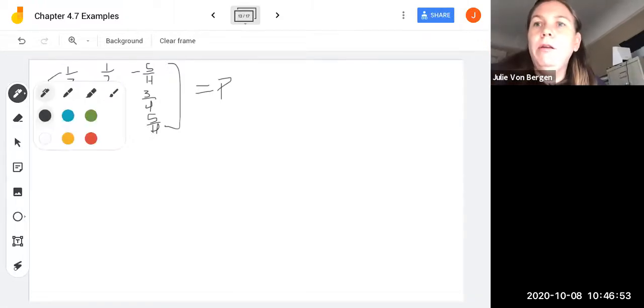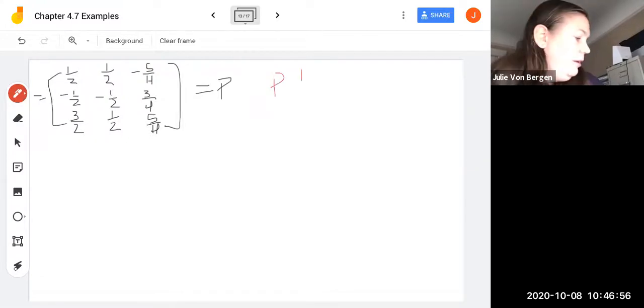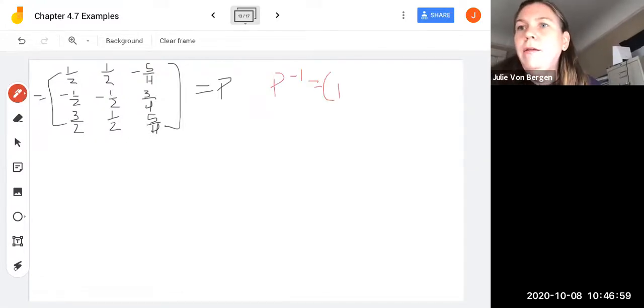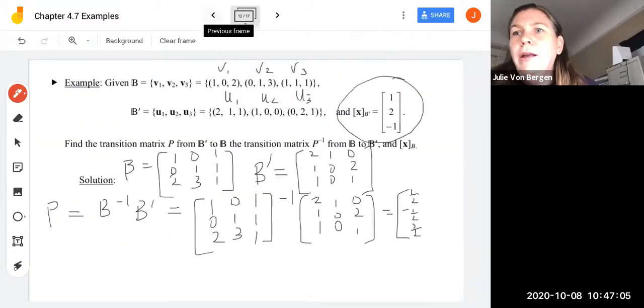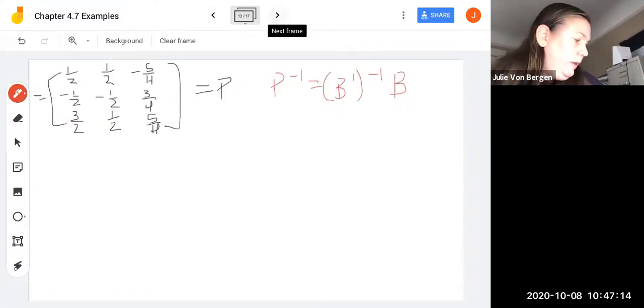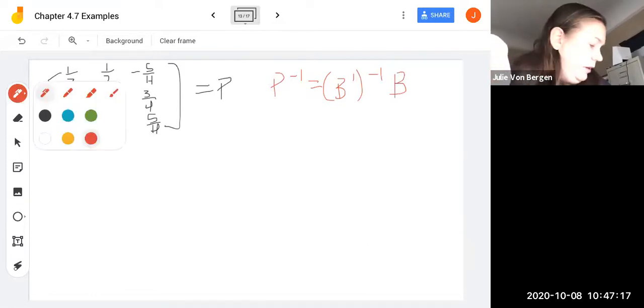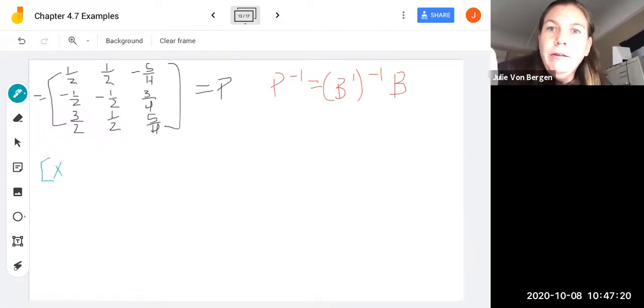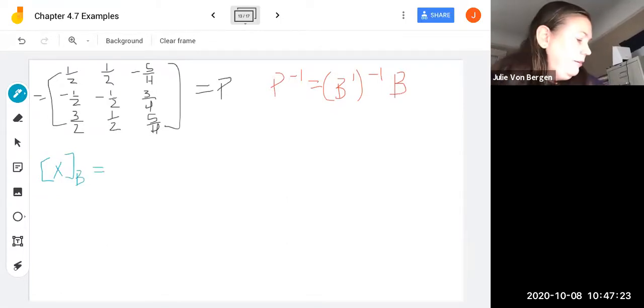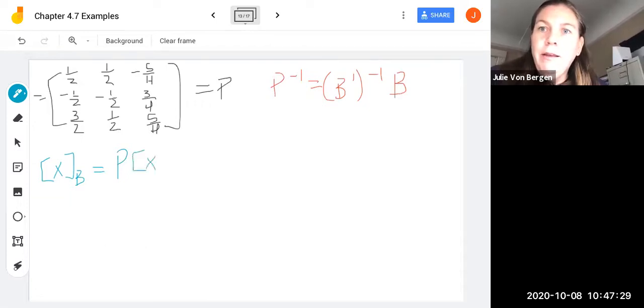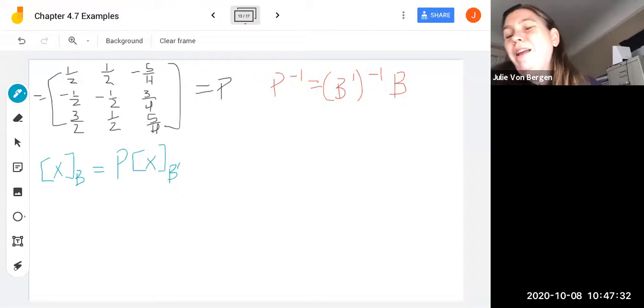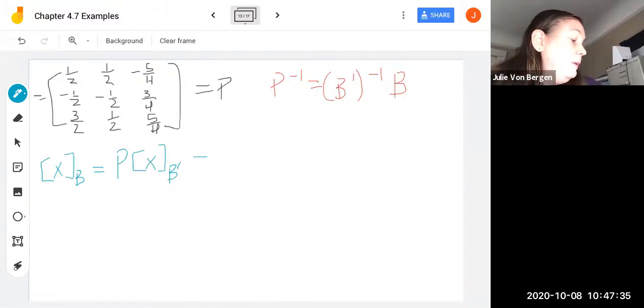So if you want P inverse, that formula is B prime inverse times B. But in our case, we are going from B prime back to B and finding x in the original basis B. So we're just going to use the matrix P. So our calculations are going to be x in the original basis B, where x is that column vector, is going to be P times x in B prime, because we're going what I think of as a forward direction. We're using the transition matrix P, not its inverse.